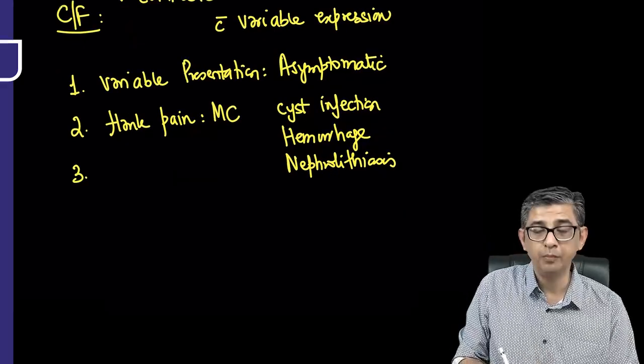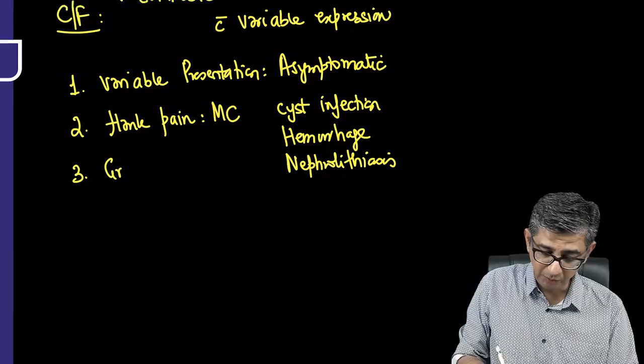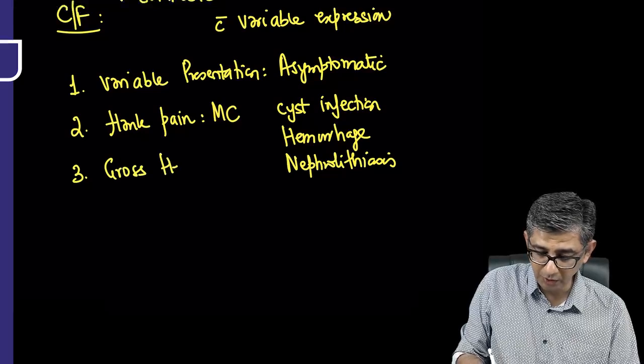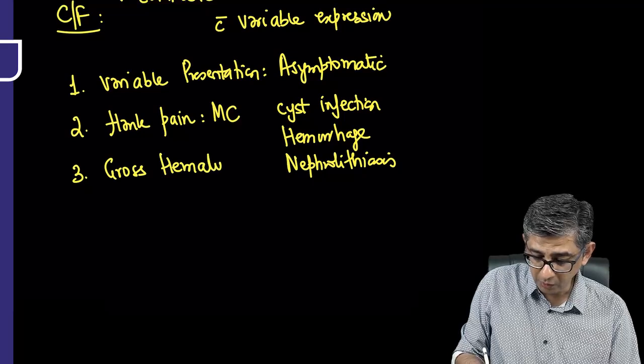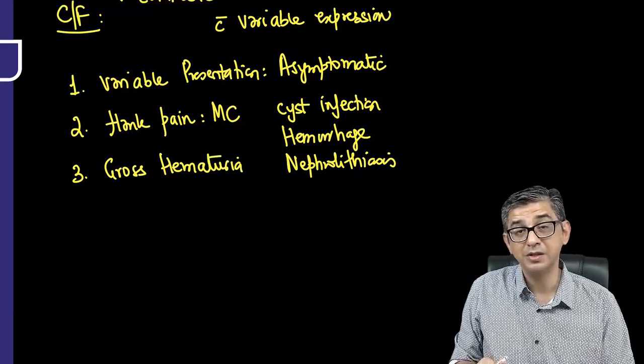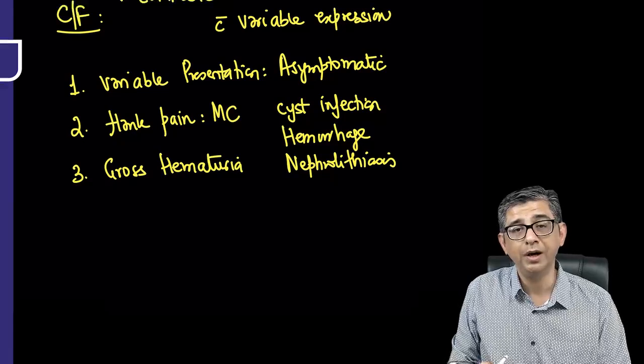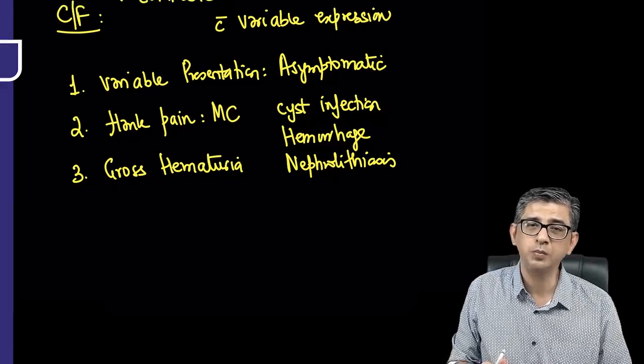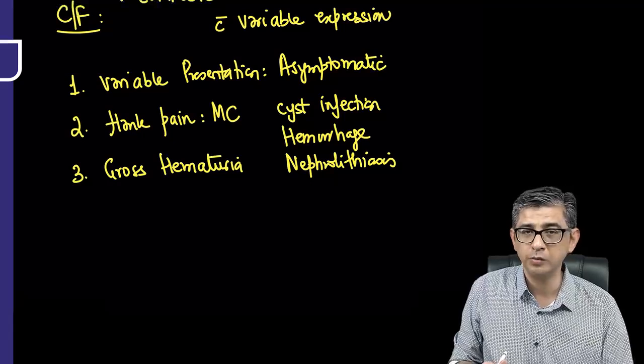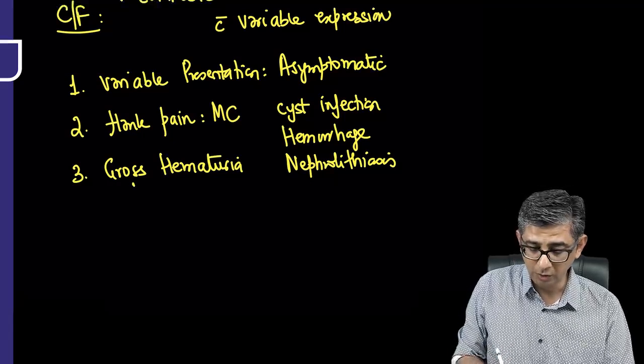Apart from the flank pain and back pain in these patients, another symptom that can be experienced is gross hematuria. But for gross hematuria to occur in these patients, the cyst should be communicating with the collecting system. You see, lots of times the cyst may not be communicating with the collecting system, so you may not have gross hematuria.